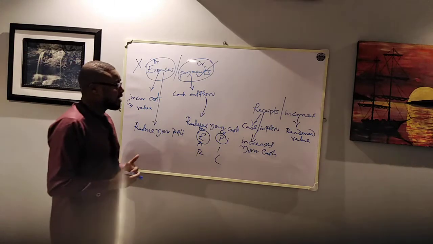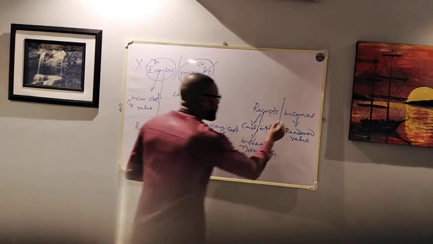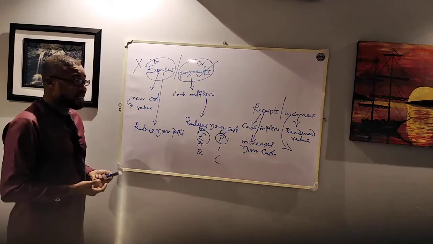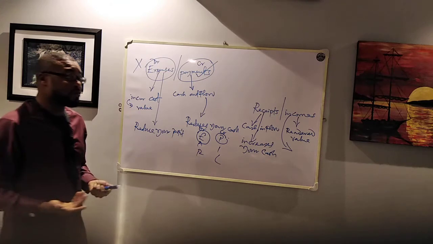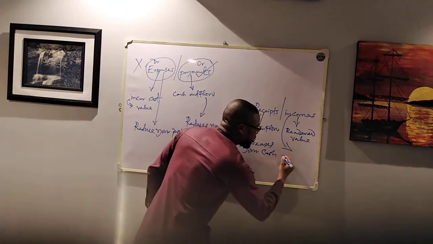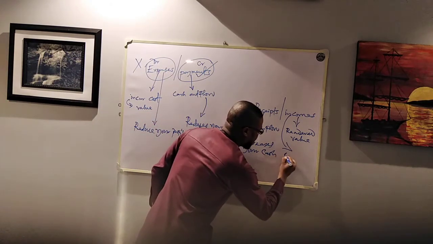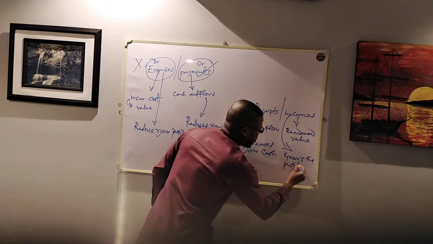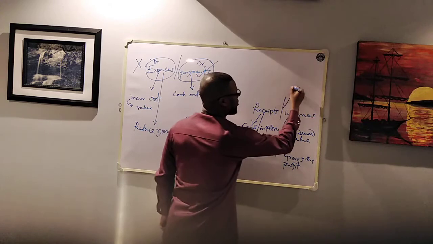And finally, in the case of income, the effect of income on your balance sheet or the business is always that your income helps to grow your profit. Income is what grows the profit. So you usually have income in the form of sales.